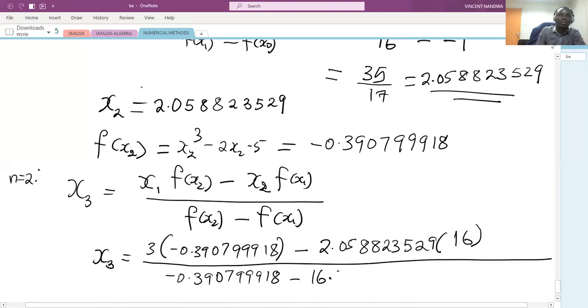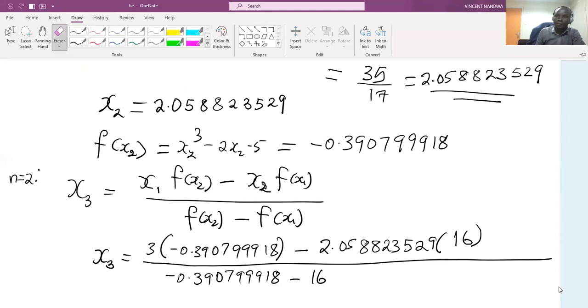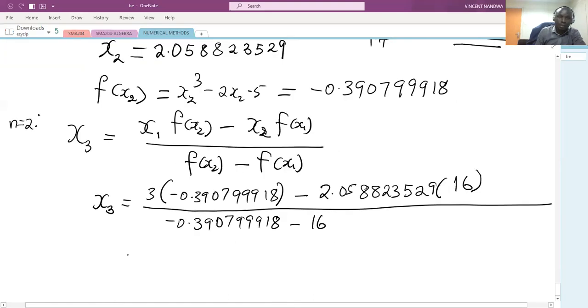So those are the values of f of x1. When you put these values into your calculator, we should get this answer: x3 would be given by 2.81263659.